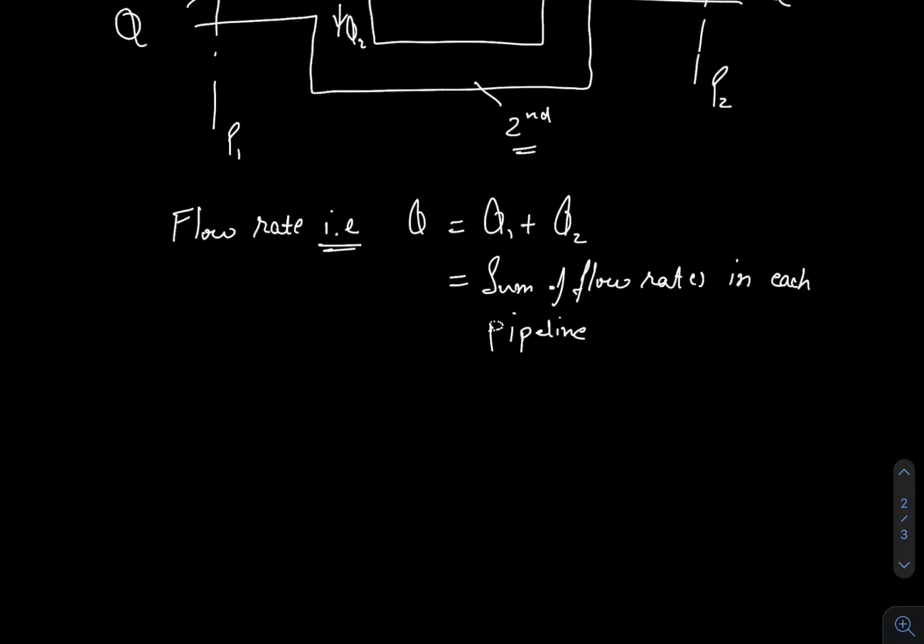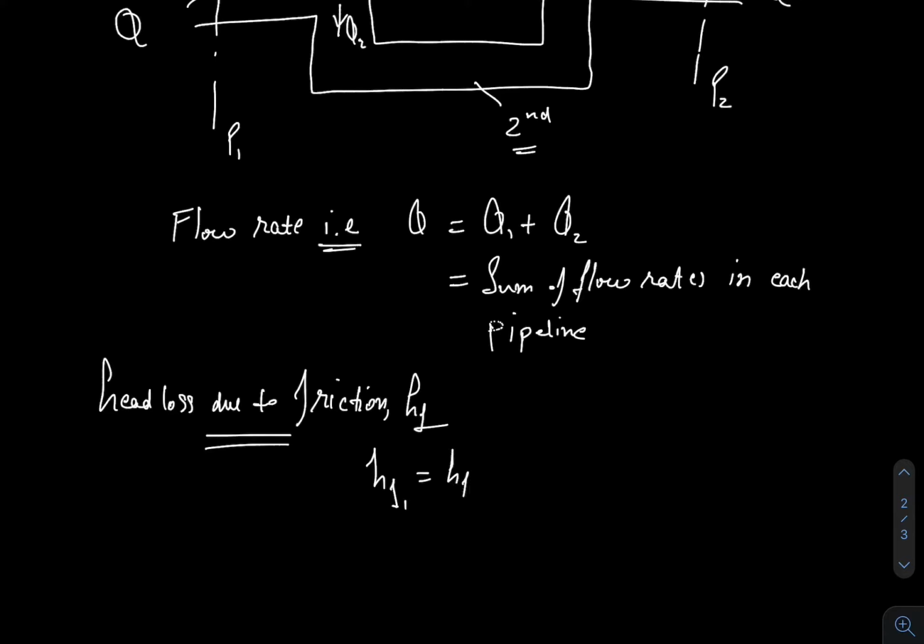Next is head loss due to friction, which is denoted by HF. So how to calculate HF? In the case of a parallel combination, the head loss in each pipe is equal.